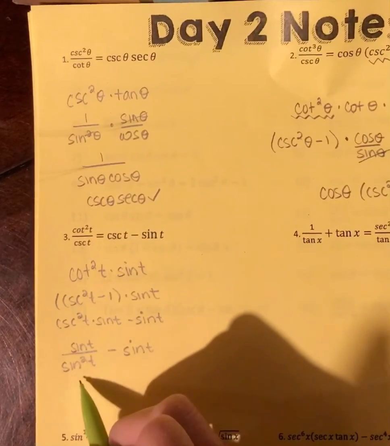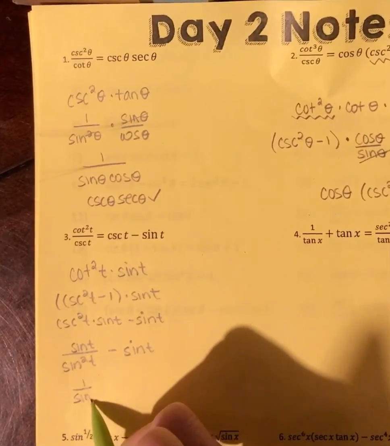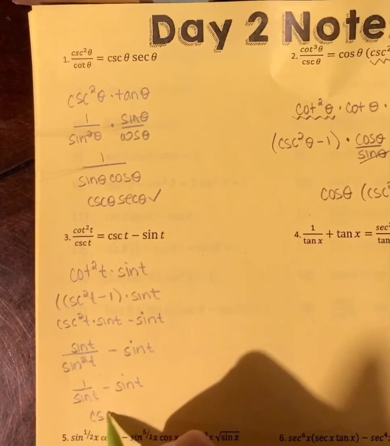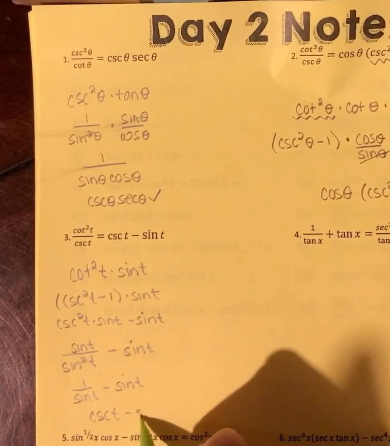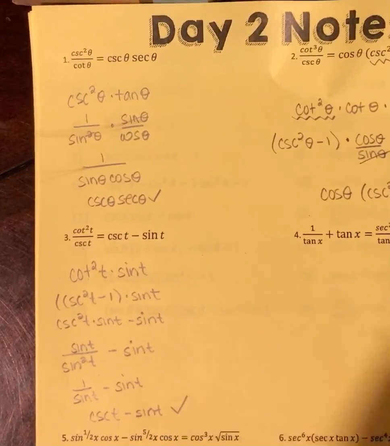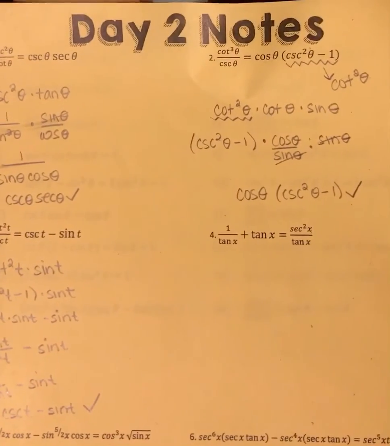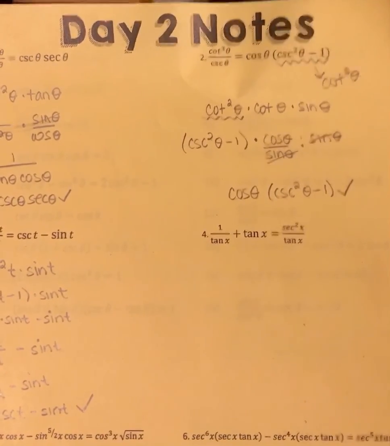Sine over sine squared is 1 over sine, which is cosecant. Okay. All right, moving along.